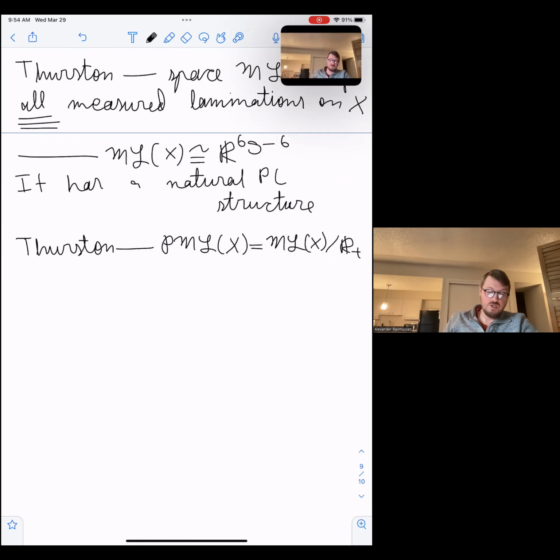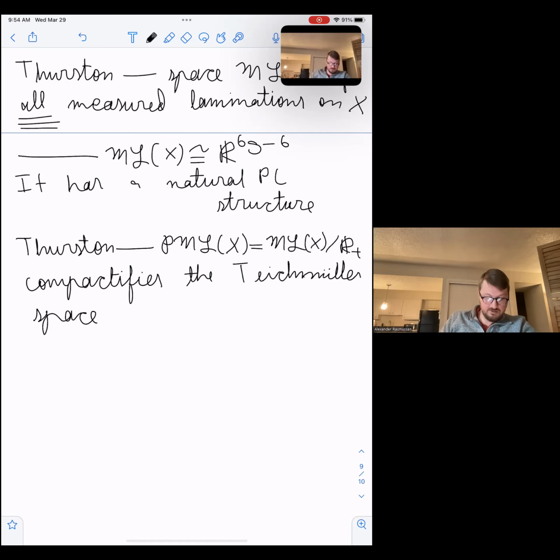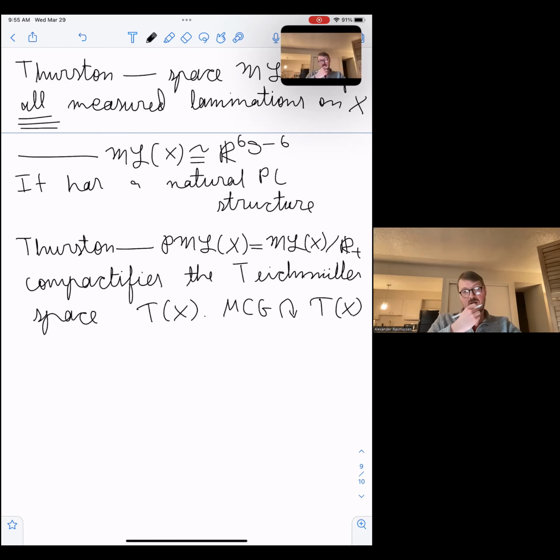So it's just a sphere, and this compactifies the Teichmuller space of quasi-conformal deformations of X. So we'll note that by curly T of X. So this is a very important space, and a large part of its importance comes from the fact that the mapping class group of the surface acts on it in a nice way.